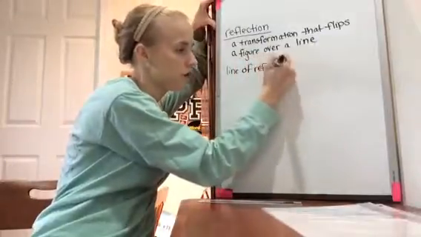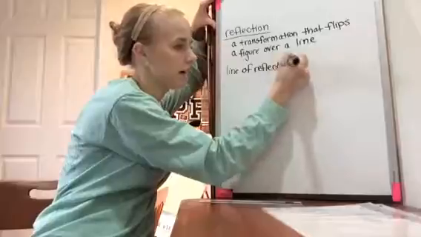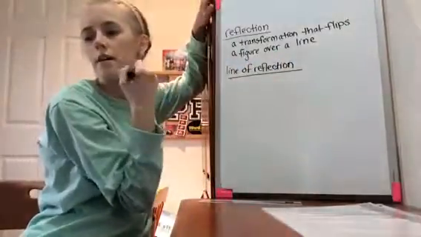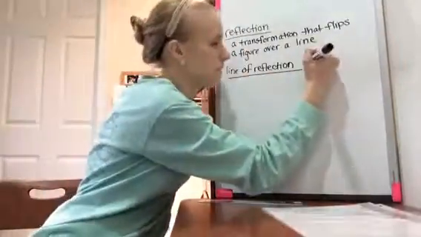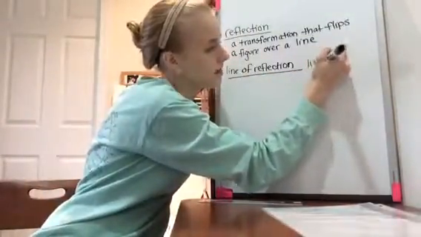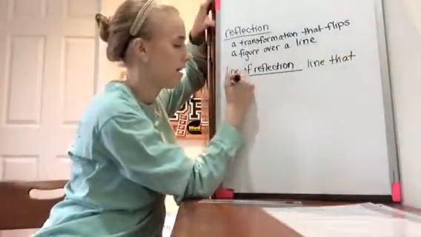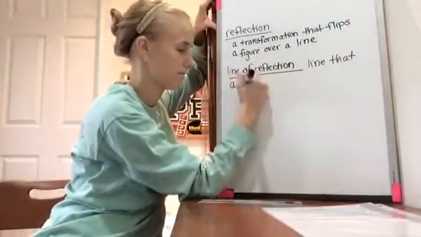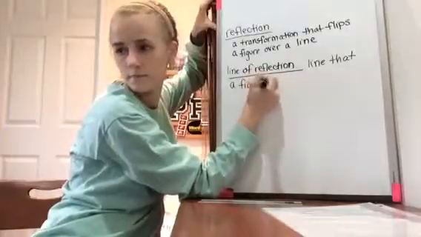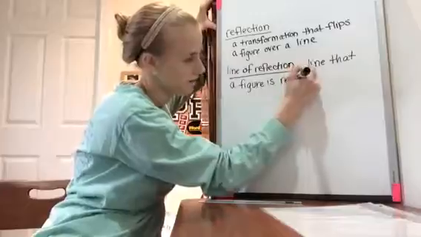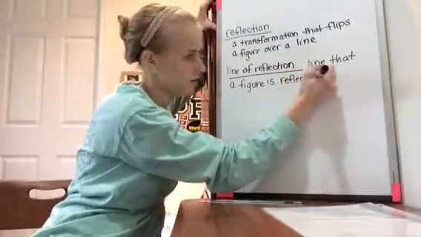Okay, so when we look at a line of reflection, we need to think about this. It is, simply put, the line that a figure is reflected over.